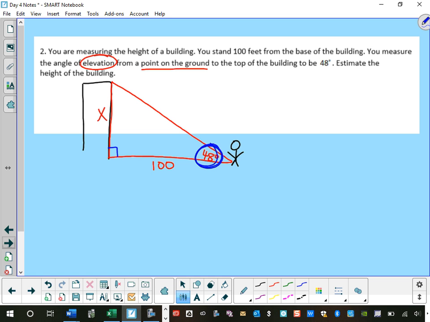What is X? Opposite. And what is 100? Adjacent. Which trig function is OA? So I have tan of what angle? 48. Tan of 48 is equal to opposite, which is x, over adjacent, which is 100.